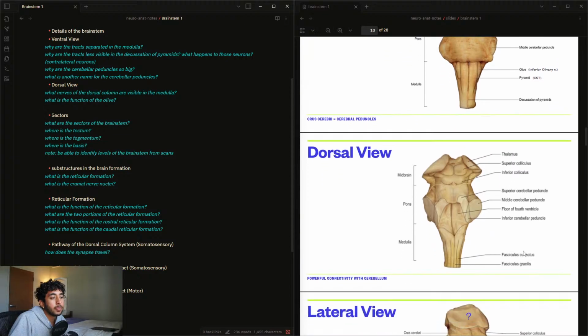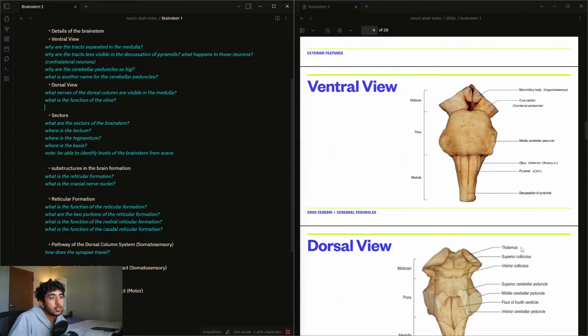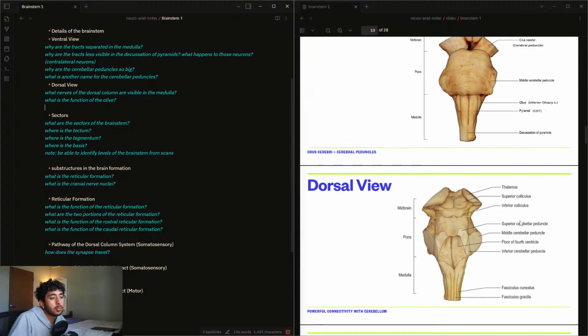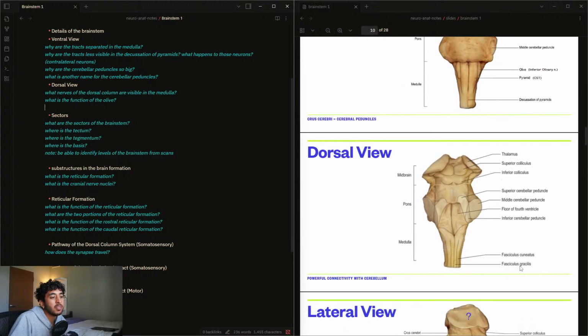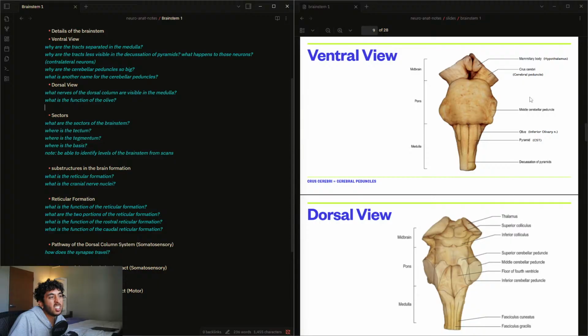Okay. So a bit more on the top, most in the middle, few in the bottom. Okay. So superior and middle cerebellar peduncle. Huh. Is this the start of the cerebellar peduncles? A little lost on where they begin and end.